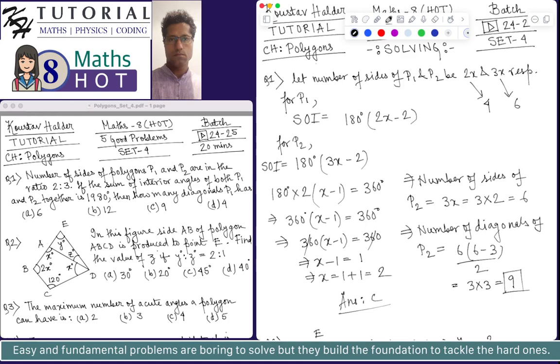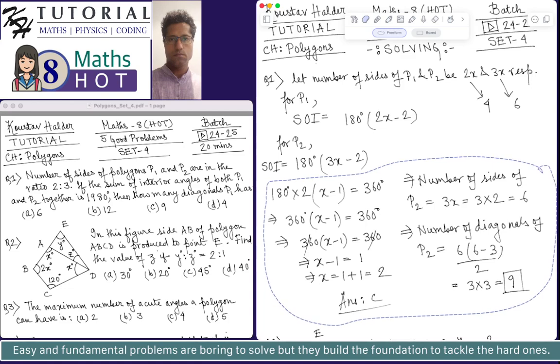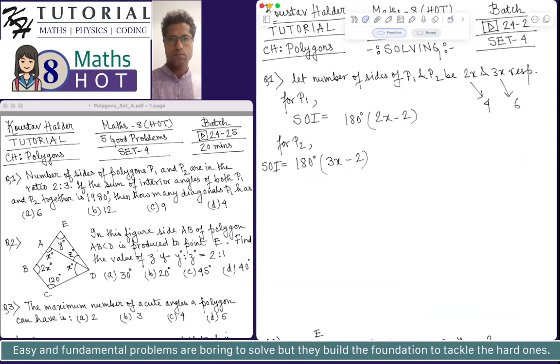Now, let me delete all the remaining part of the solution. Now, that's why I was wondering how come I could not use the fact that the sum of the interior angles of P1 and P2 both is 1980 degrees. So we have this.